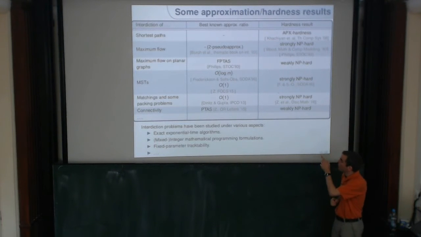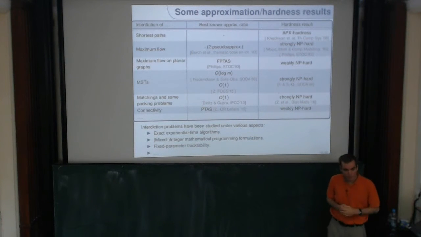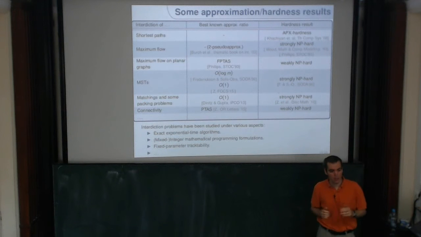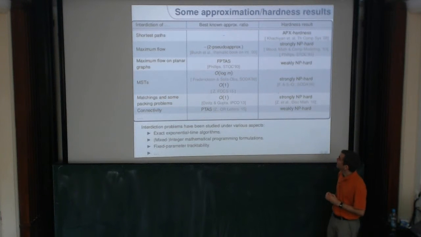For the maximum flow problem, no pure approximation algorithm is known, even though there is a so-called pseudo-approximation, that is an algorithm that is allowed to violate the budget a bit. It's not strongly NP-hard, just not strongly NP-hard. I just want to highlight that. And so for maximum flow, no approximation algorithm is known so far.